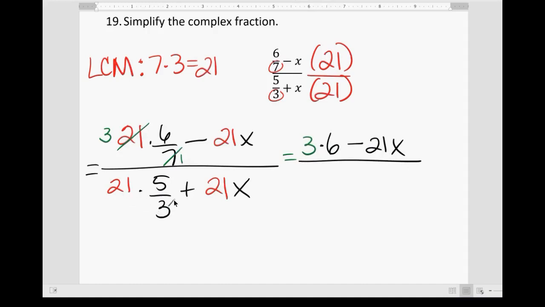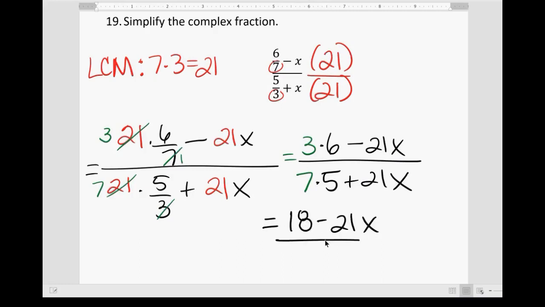And at the bottom, let's see, 3 goes to 21 7 times. So I have 7 times 5 plus 21x. And so to clean this up, 3 times 6 is 18, minus 21x over 7 times 5 is 35 plus 21x.